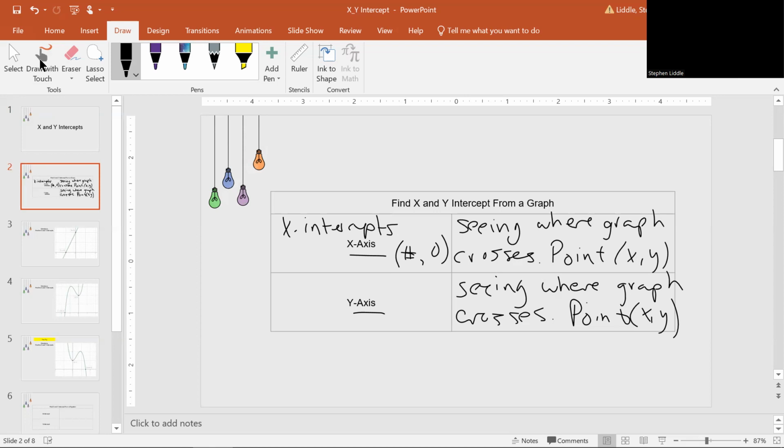Our x will always have our number, our y will always be 0. Now, when we're trying to find our y-intercepts, our answer is always going to have 0 first in the x spot. And since we're finding y-intercepts, there'll always be a number in our y spot.